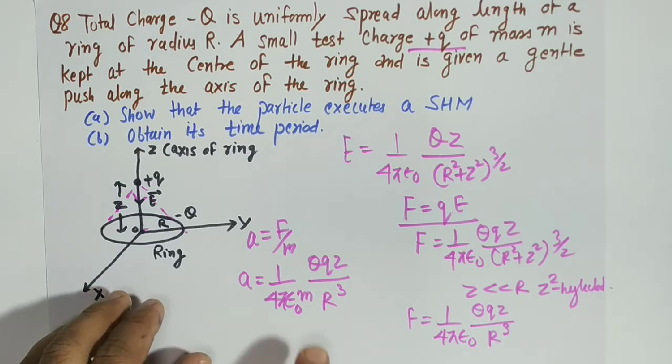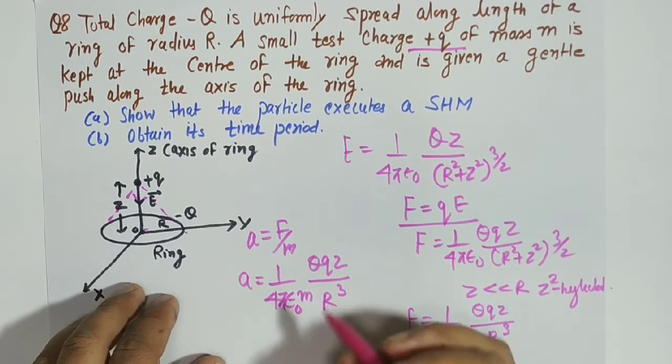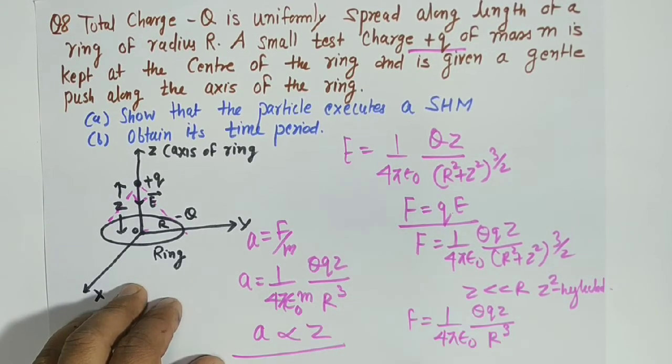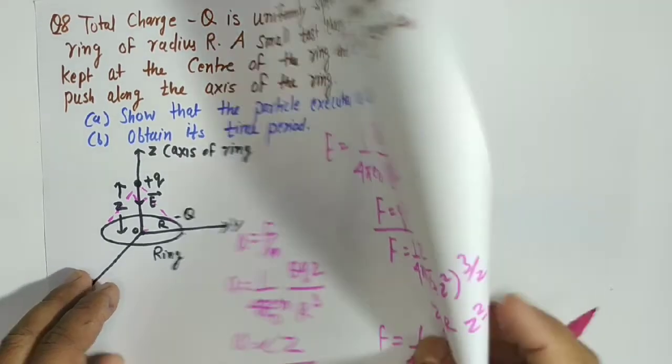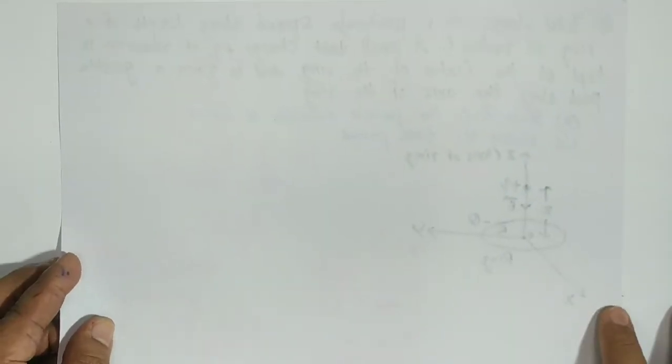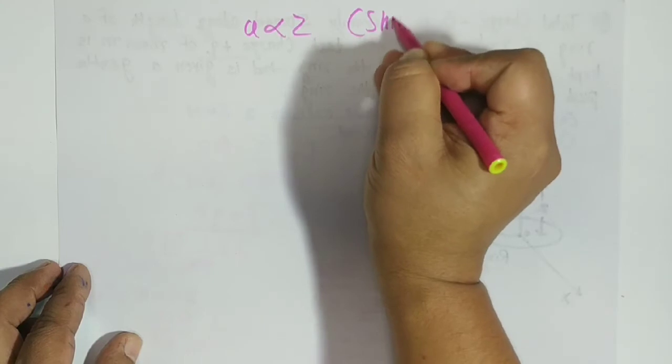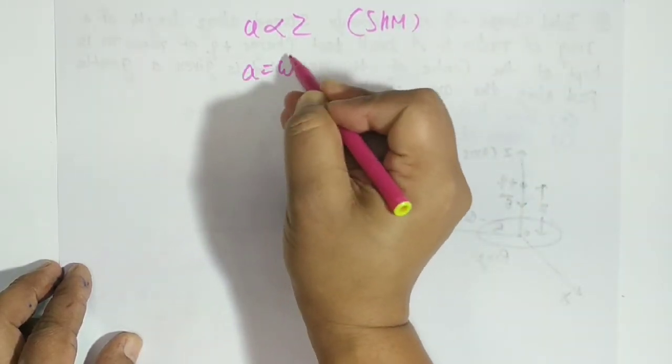And you know that acceleration is now directly proportional to z. So that means it follows SHM. So can I find out the time period? Yes. Acceleration is directly proportional to z, so it is SHM, and acceleration is omega square z. So what will be omega square, the remaining part?